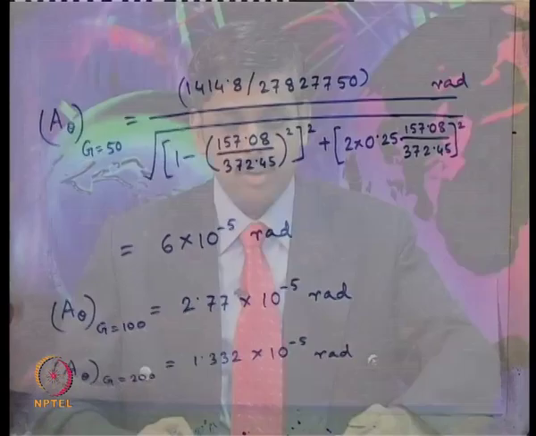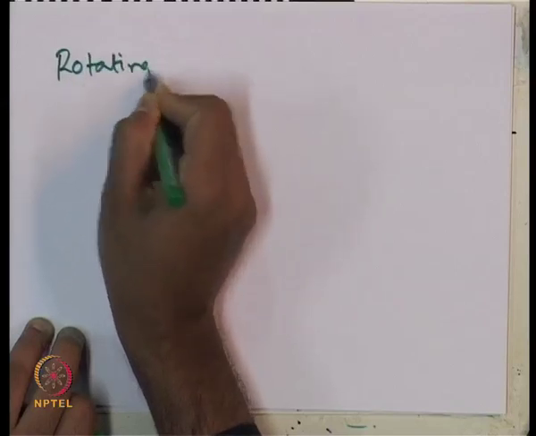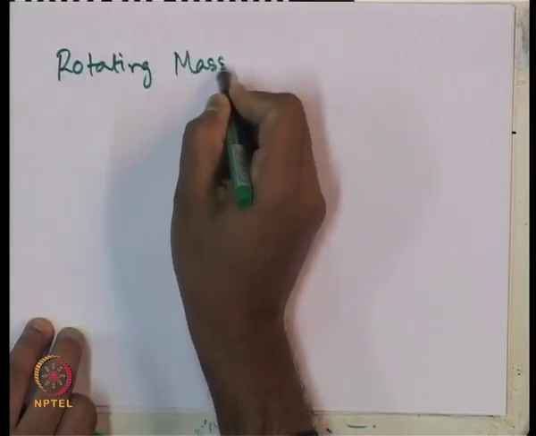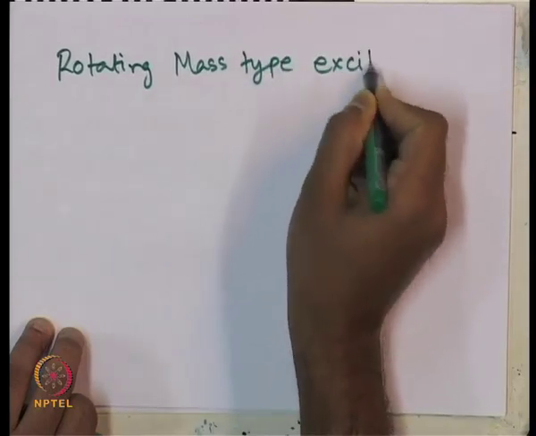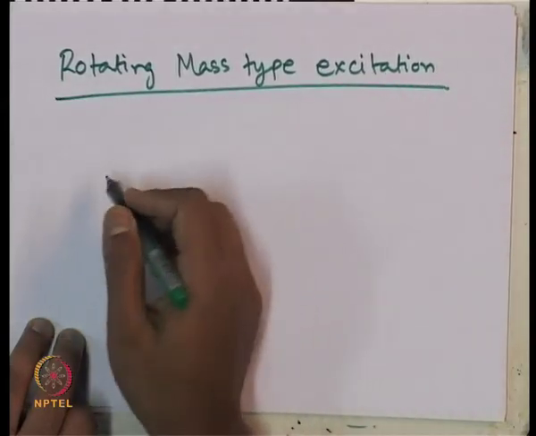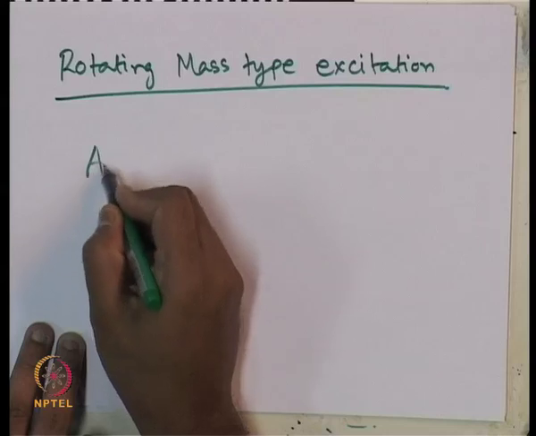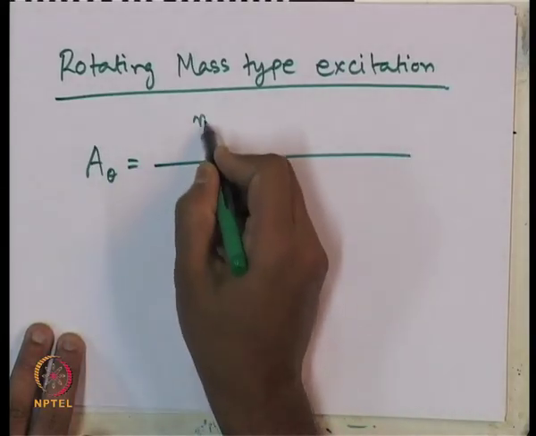Now, let us see for rotating mass type excitation. So, for rotating mass type excitation, first let us write the expression for A theta, then we will calculate the values.